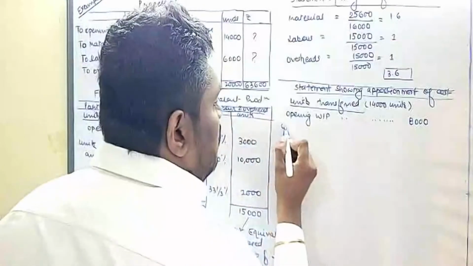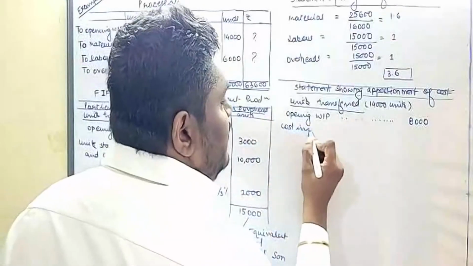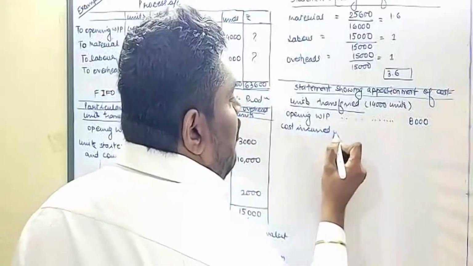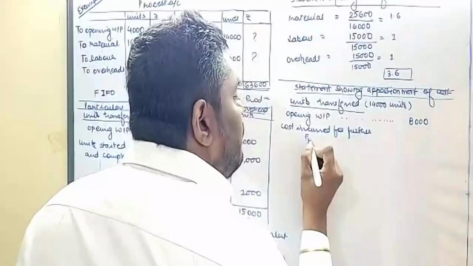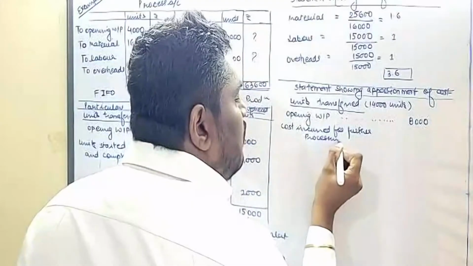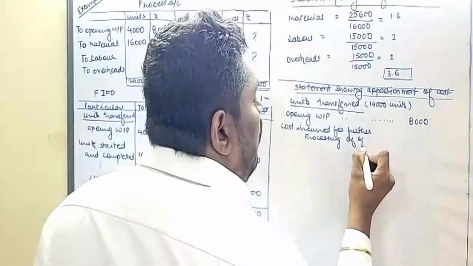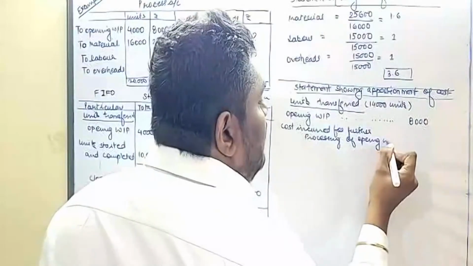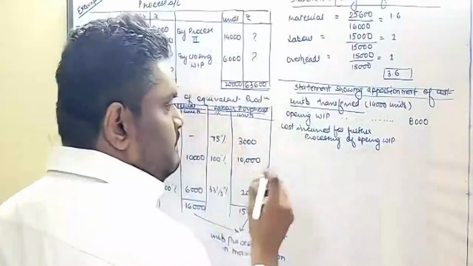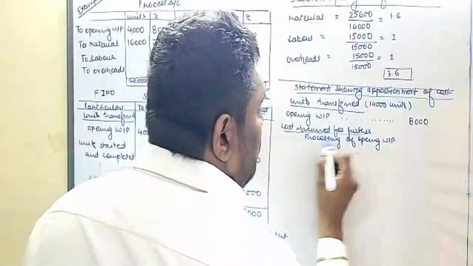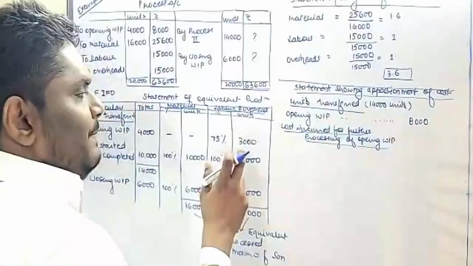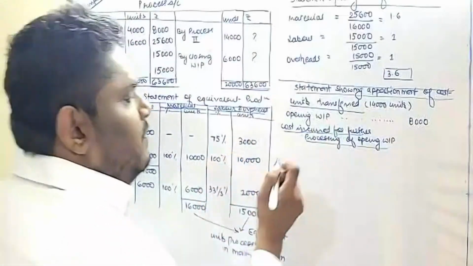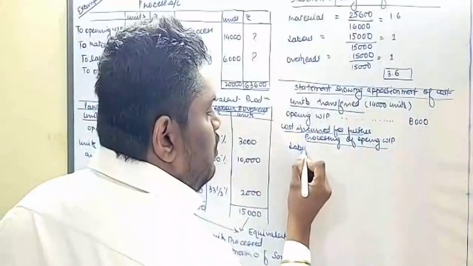So, cost incurred for further processing of opening WIP. In respect of these 4,000 units, the balance cost is incurred only in case of labor and overhead.